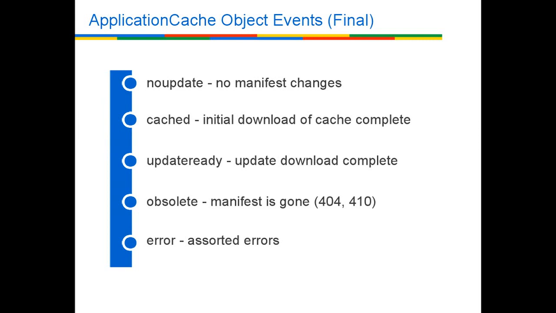There's updateready, which is similar to the update ready state. And obsolete, again, is similar to the obsolete state. And then there's the error event, which is always a terminating state, but can signal a variety of things. Like the manifest might be gone, or fetching one of the resources might have failed, or there might have been a parsing error, or a bunch of different things.